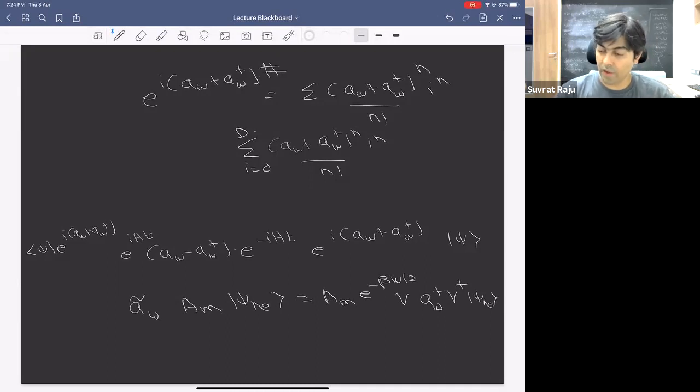So notice I have now inserted an additional factor of v and v dagger. And what these factors do, this factor of v dagger strips off the original unitary that created the excitation, and it moves it to the left.